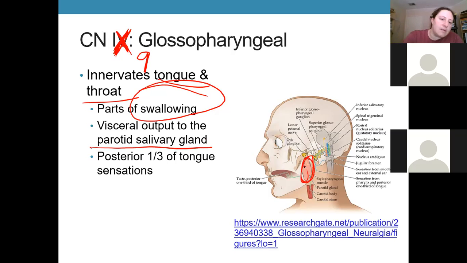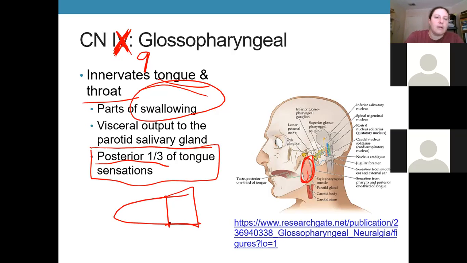And then it's also anything that you can taste on the back of your tongue. So the posterior 1/3, all right? Here's your tongue. Here's the back third. Anything you taste there is being carried by this guy. So he's kind of got a mixed bag of the back of your mouth stuff, essentially, that it's got the axons for.